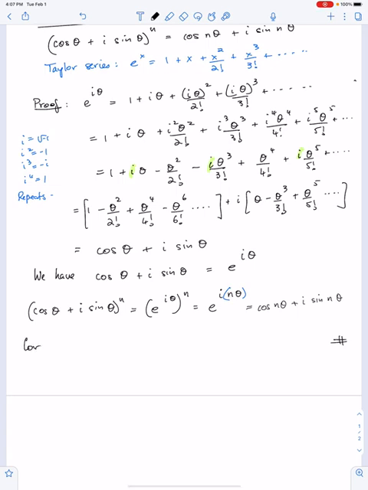So corollary, we get e to the i pi is equal to minus 1.